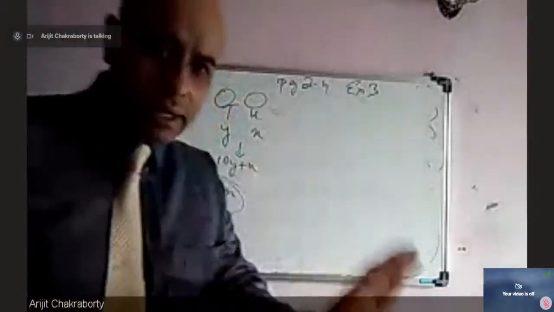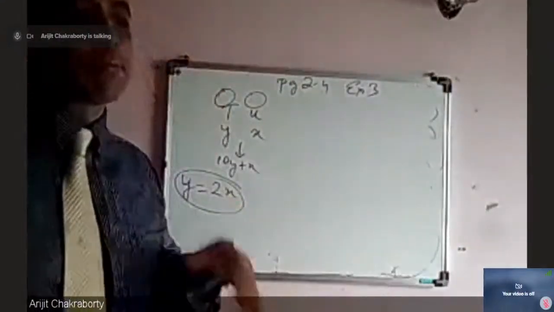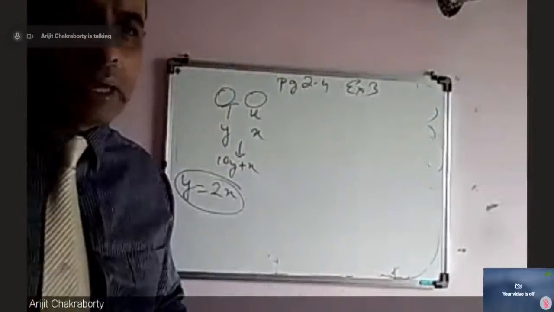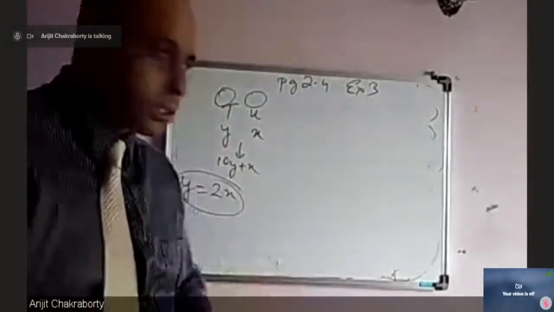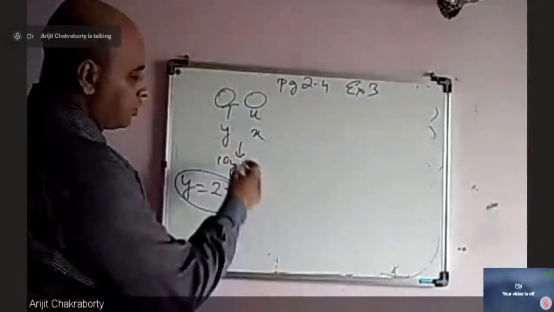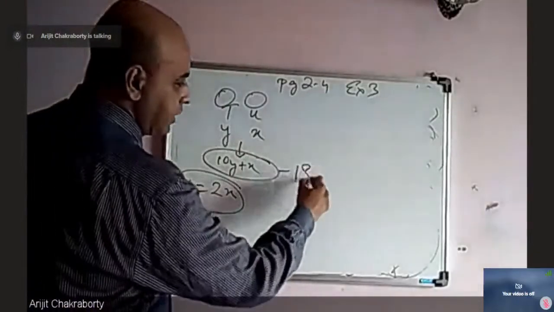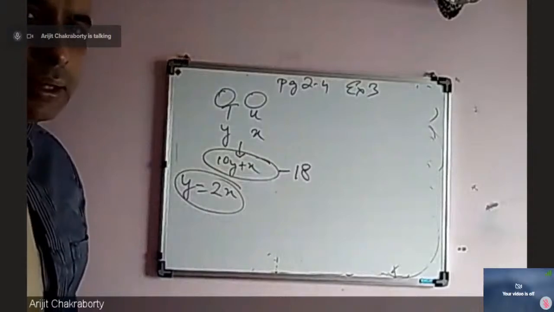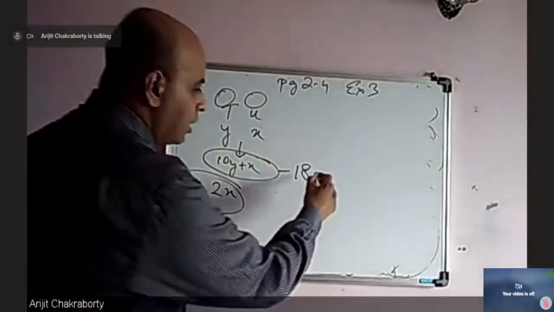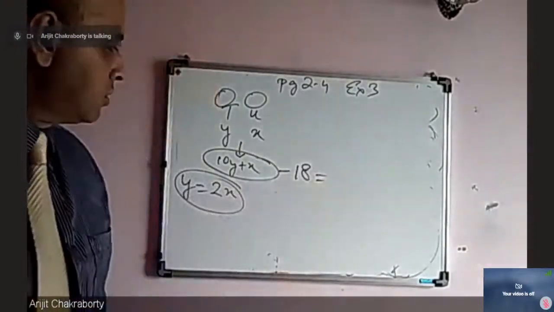I hope you're clear up till now. Now the problem says, if 18 is subtracted from the number, the digits are reversed. So this is the number 10y plus x. If 18 is subtracted, what will happen?